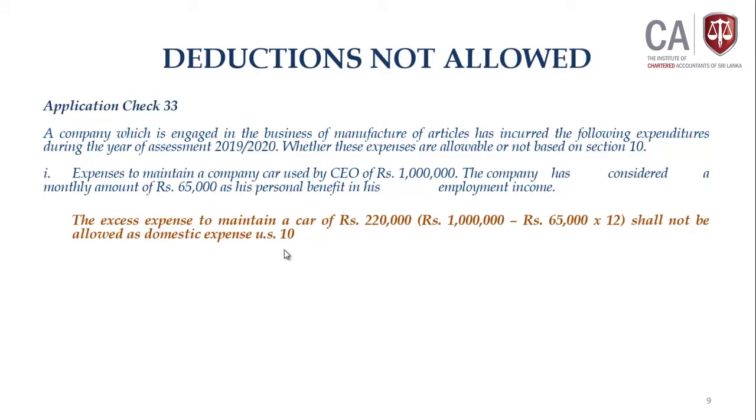The difference becomes a domestic expense of the company, 220,000 extra, which has not been taxed in the hands of the employee. So, that comes within the definition of domestic expense. Even the regulation clearly says anything you spent more than the amount taxable in the hands of the employee, the excess shall be treated as domestic expenses.